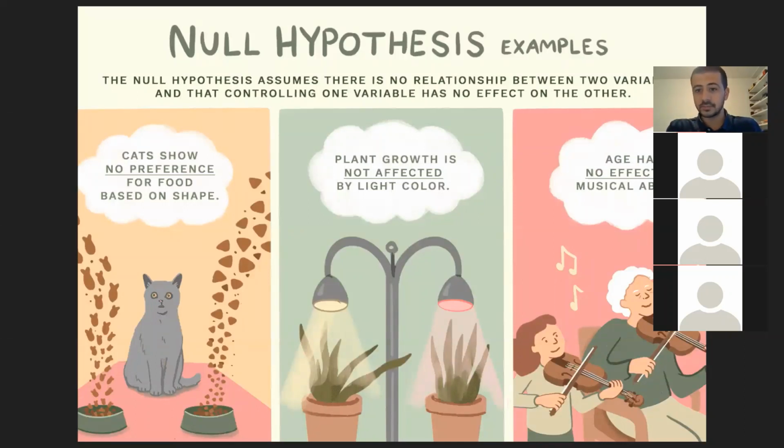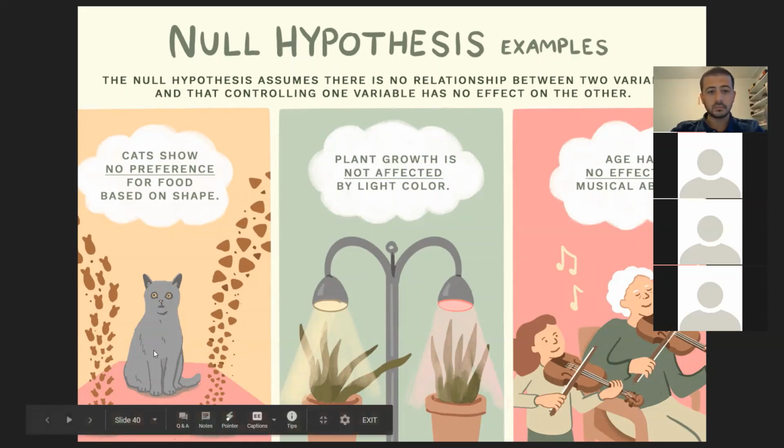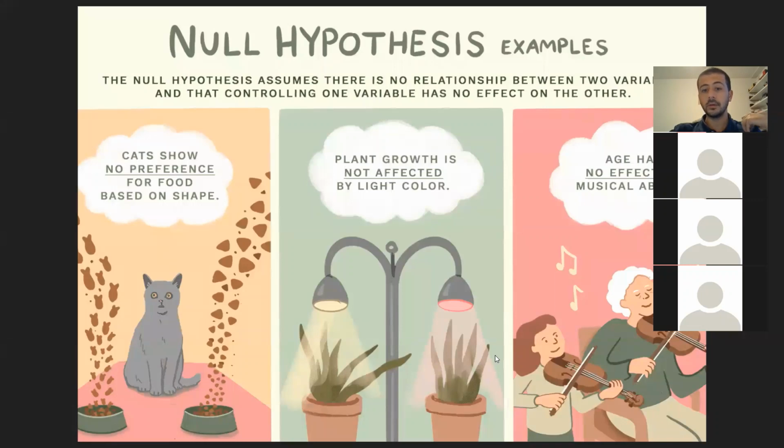In evidence, we can't prove something is right, but if we can prove that something is wrong, then the alternative might be right. So, for the null hypothesis, for example: these cats do not have any preference for the shape of their food, or those two plants do not prefer either of these two colors, or age doesn't affect playing the violin. So this is the null hypothesis.